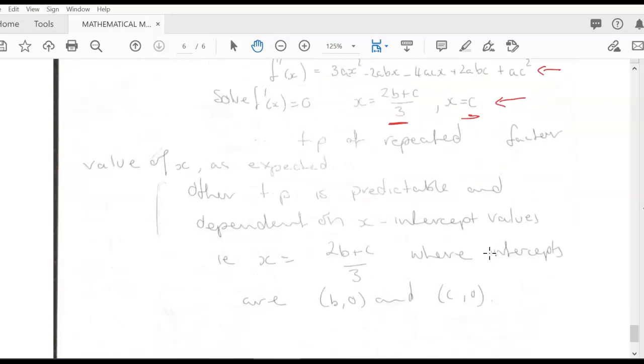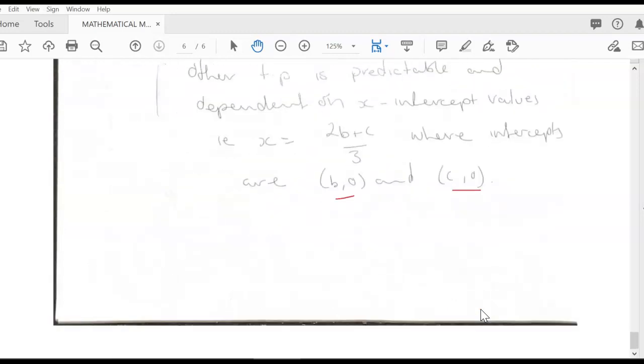The other turning point is predictable and dependent on x-intercept values, i.e. x equals (2b plus c) on 3, where the intercepts are (b, 0) and (c, 0). We just substitute the x-intercepts in, and we should get the other x turning point.